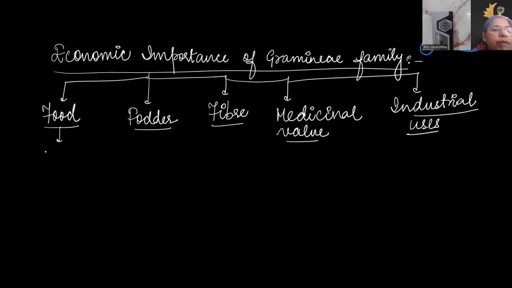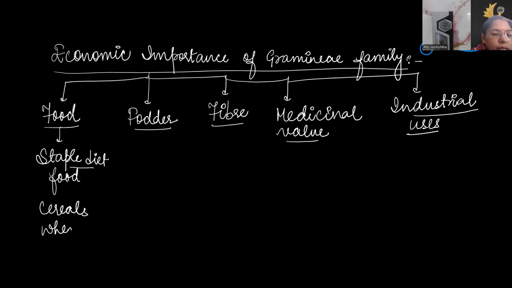So when we talk about food, you will find staple food, or the staple diet, particularly the cereals like wheat, rice, maize, barley. All these come under the staple diet.